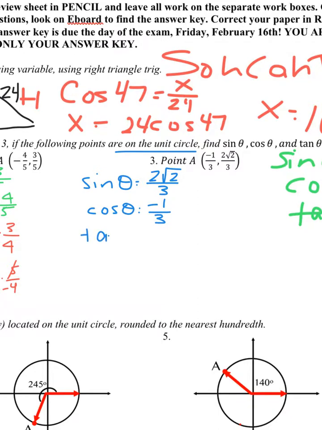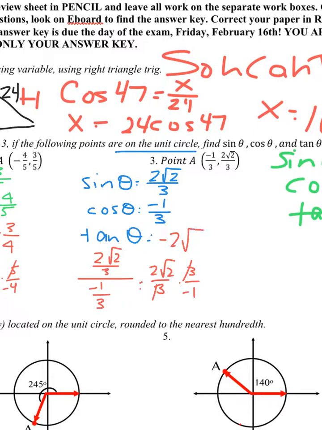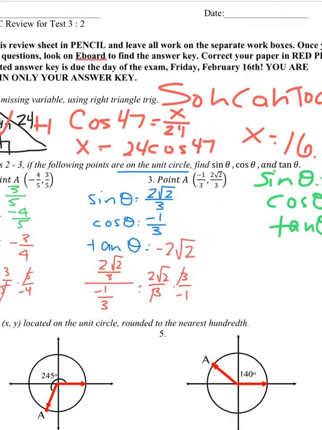And now for my tangent of theta, I set up that complex fraction. Again, I have 2 square root of 2 over 3, all divided by negative 1 over 3. So this is really 2 square root of 2 over 3 times 3 over negative 1. These cancel, and I end up with negative 2 square root of 2 for the tangent of theta. Okay.